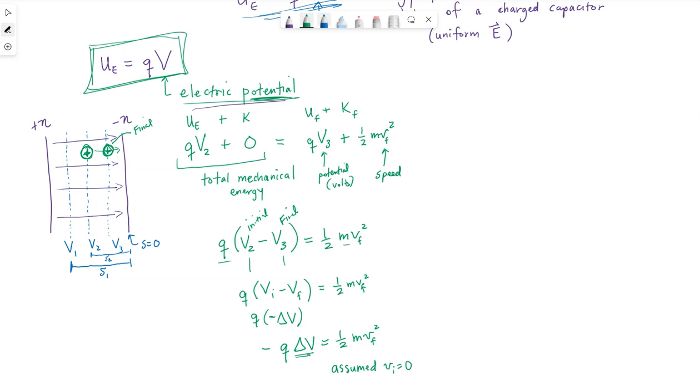But if it's not released from rest, our equation, this negative Q delta V, let me try to write that better, negative Q delta V. If we had an initial speed, we would have had to bring the initial kinetic energy to the other side.